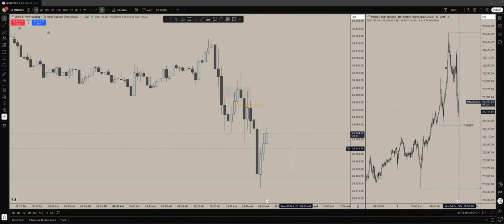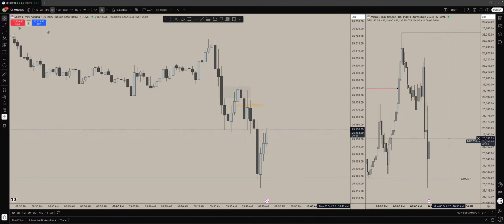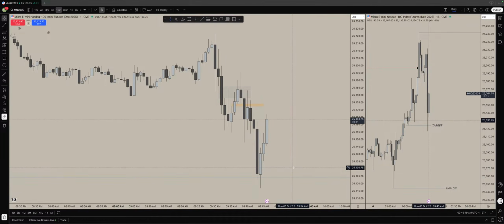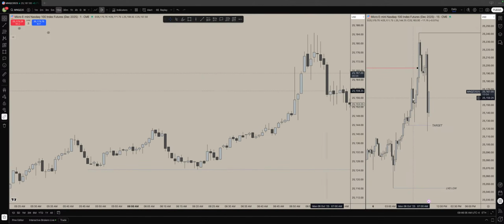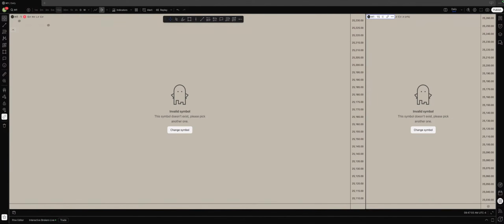Damn, three candles. Wait, what the hell?